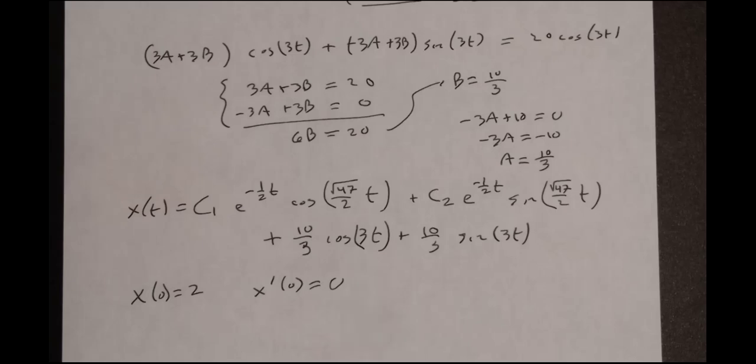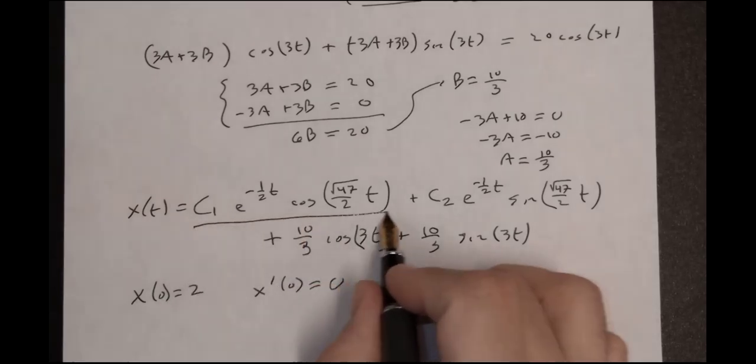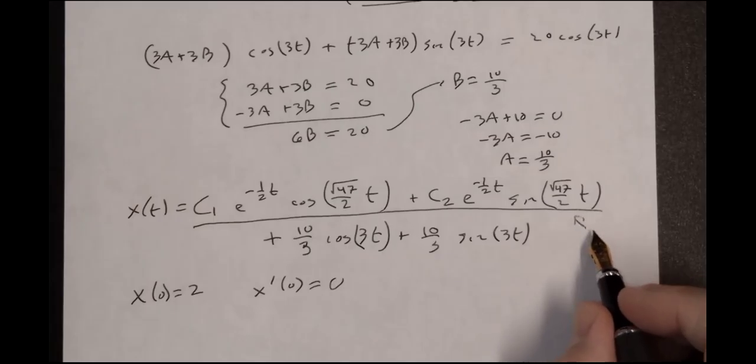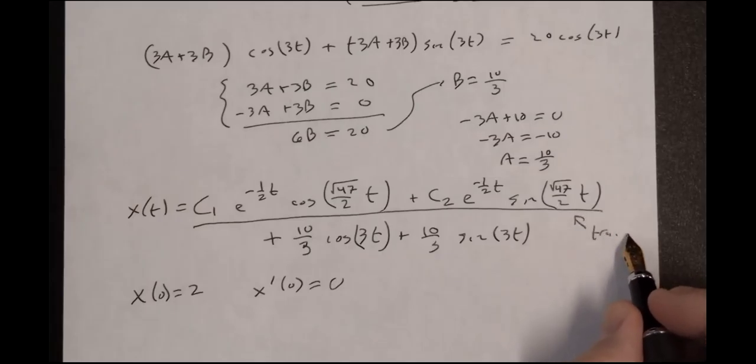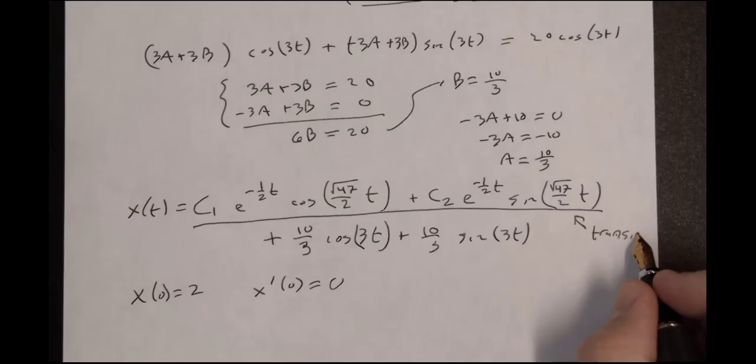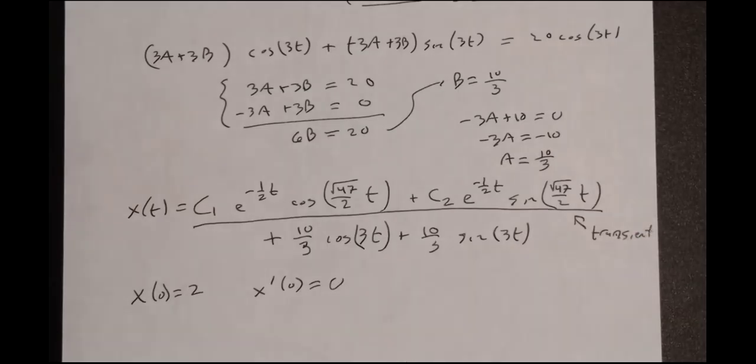This is transient. Remember back in chapter 2 when we talked about things that go to zero as t goes off to infinity? As transient solutions? That's exactly what's happening.